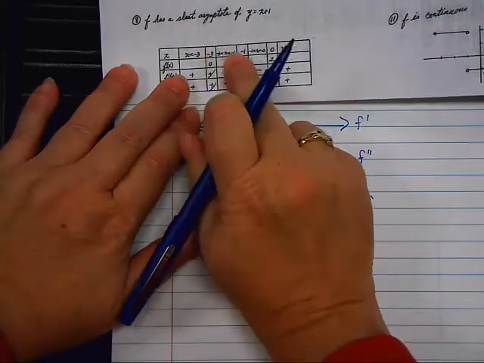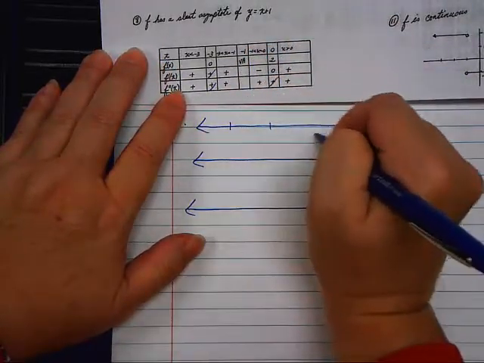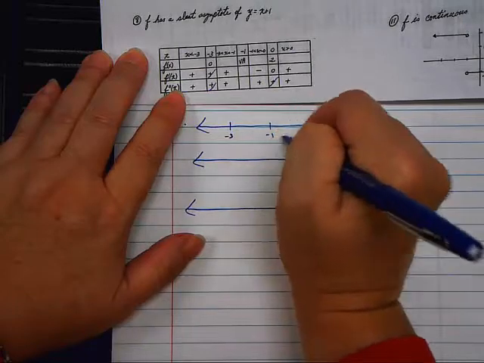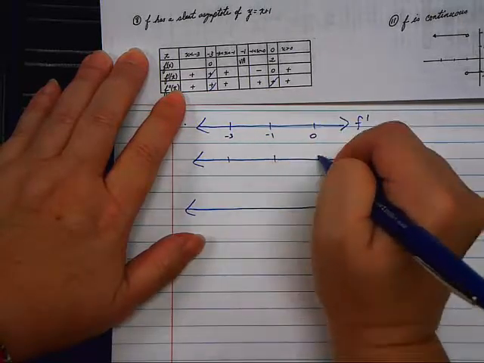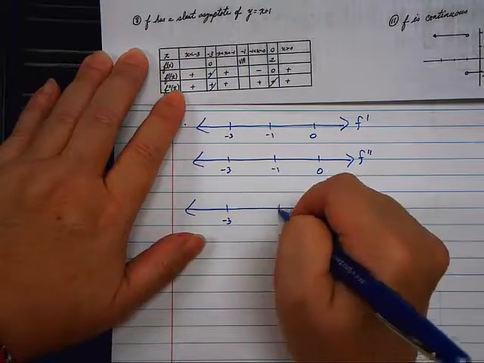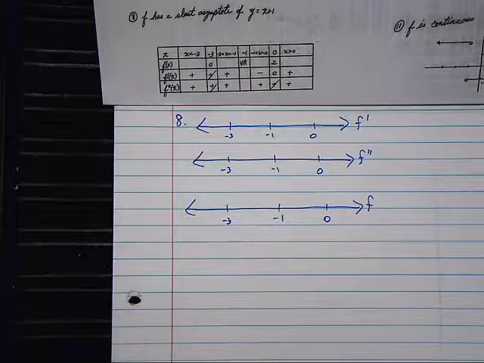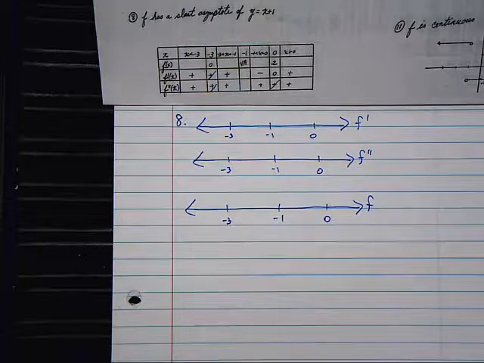But since the numbers -3, -1, and 0 are on all 3 columns, let's go ahead and put all 3 of those numbers on all 3 lines. -3, -1, 0. So go ahead and put them on all 3. Okay.